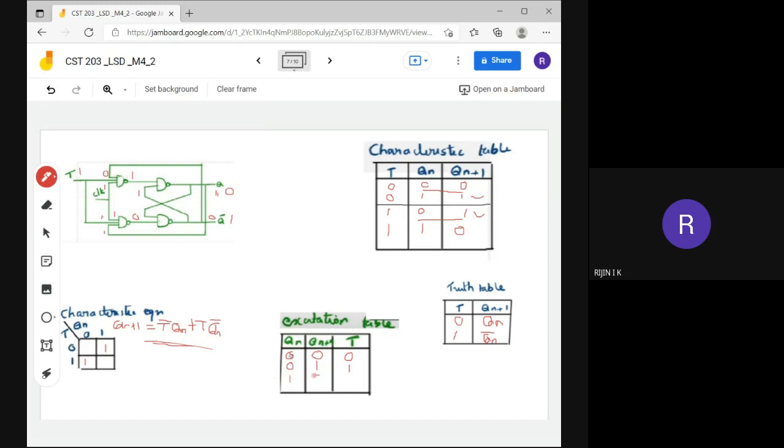For 1, 0, the T value is also 1. Then the last, 1, 1.